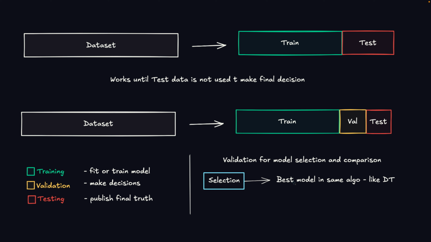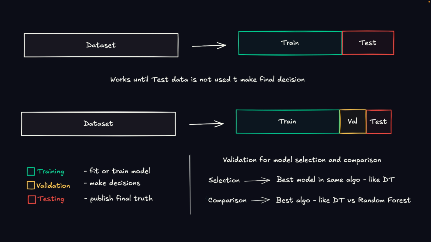Model selection is where you are training multiple models using the same algorithm and you are picking one best performing model out of those trained models. So in this case, if you are using a decision tree, you are creating multiple decision trees using the same training data, maybe with some different parameters like the tree depth and stuff like that. Then you are choosing one best performing model among them. So that process is called model selection.